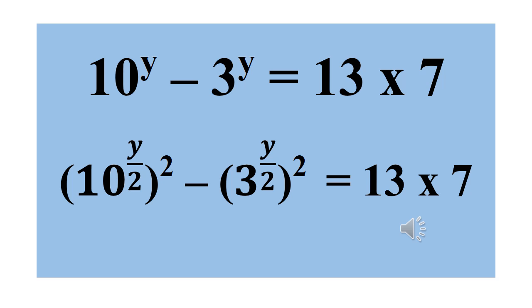So we plug in that. So we have 10 raised to power y over 2 squared minus 3 raised to power y over 2 squared equals 13 times 7.